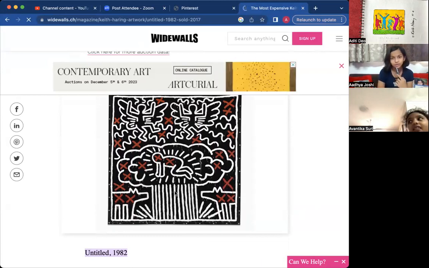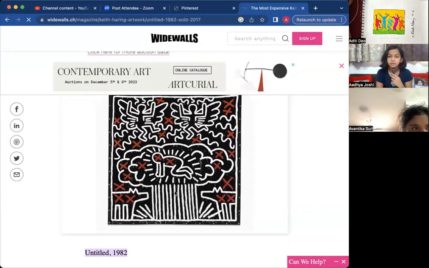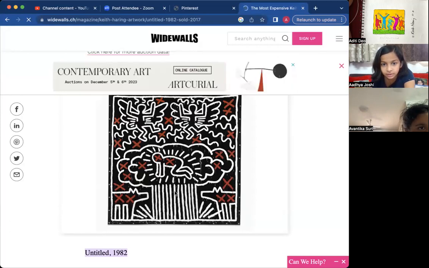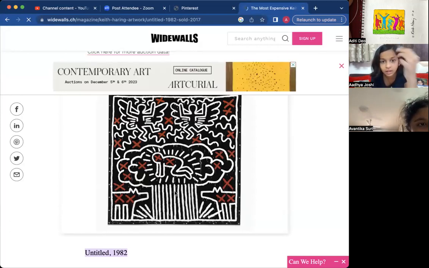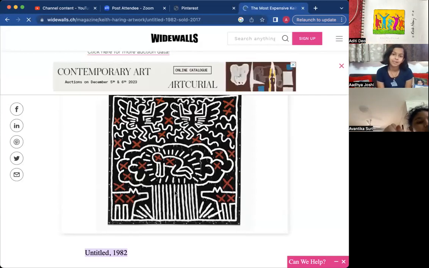And what do you see in this painting? Though the figures are very simple, it is trying to tell you a story through the figures. Can you figure it out? Whatever you see, what do you see in that?